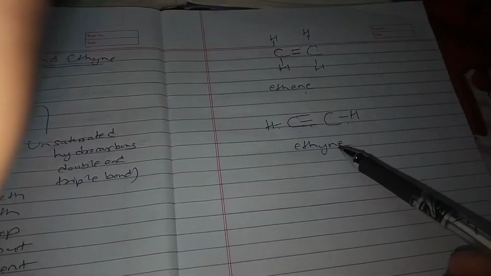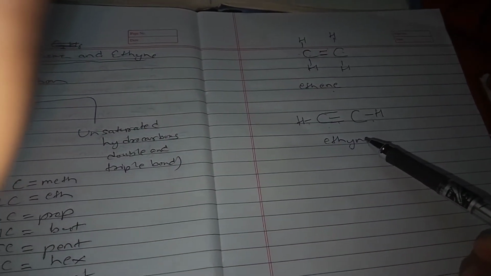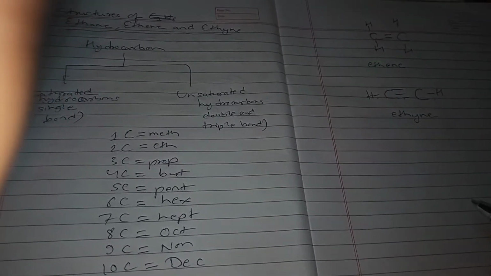Okay, so these are the structures of methane, ethane and ethyne. So likewise you can name other compounds. Suppose I'll give one structure here.